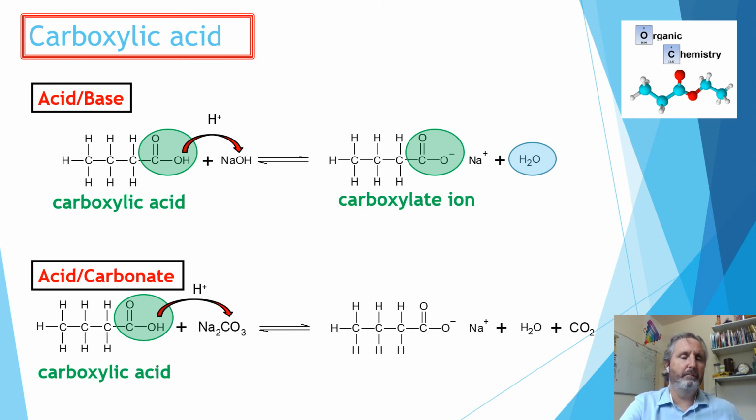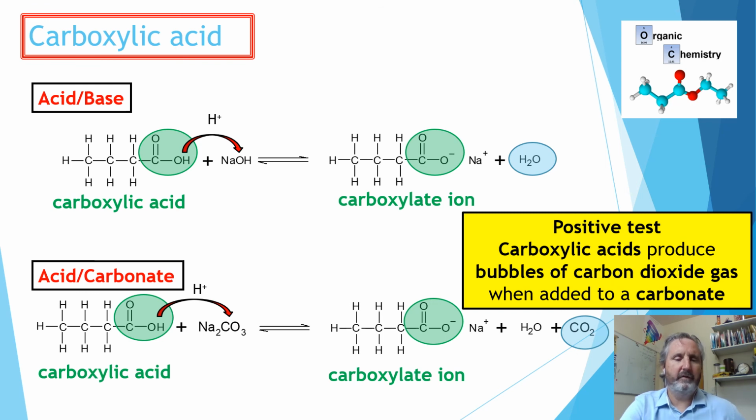Now this is a very important reaction because it is the carbon dioxide gas that bubbles and fizzes that is our definitive test, or the important test that we use to test for carboxylic acids. So if we add a solution of sodium bicarbonate or baking soda to our carboxylic acid and we get bubbles, we are confident that our unknown sample is a carboxylic acid. So that's a definitive test or a positive test for carboxylic acids.